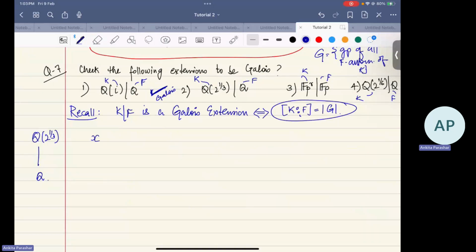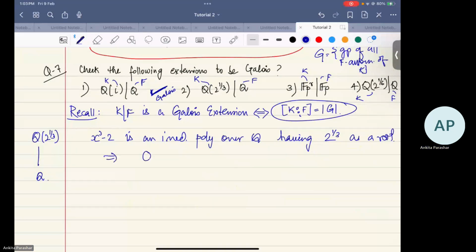Notice that x cubed minus 2 is an irreducible polynomial over Q having 2^(1/3) as a root. Therefore, the degree of your extension is 3, the degree of your irreducible polynomial.